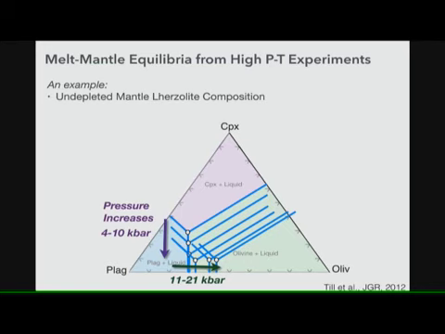I have one more question. Is that path assuming a constant temperature, or is that assuming some kind of geotherm where temperature would increase from 4 to 20 kilobars?